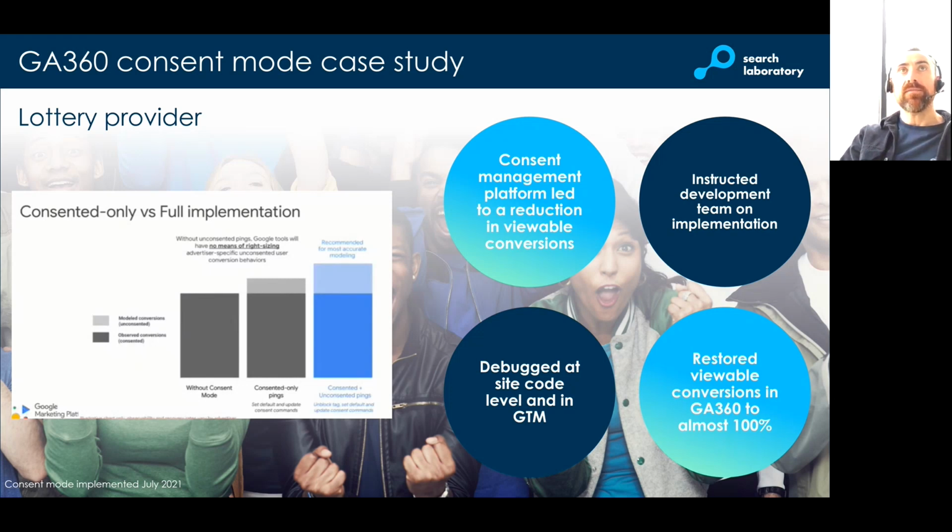Do you actively force people to decline, for example, in the way that it's set up? So again, like I say, we were able to restore things back to 100% in terms of actual viewable conversions, and make better decisions from that data.